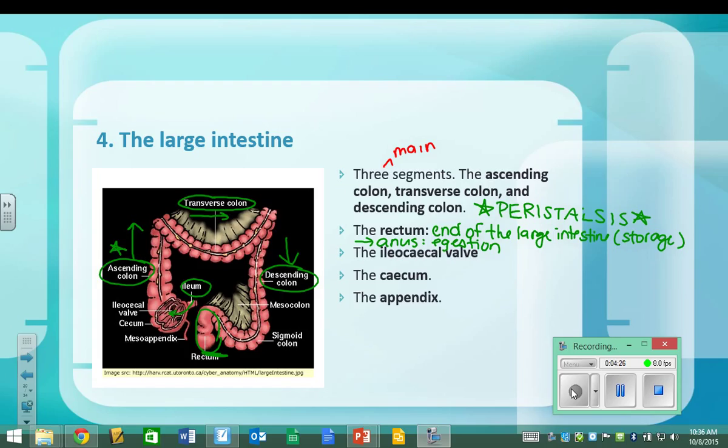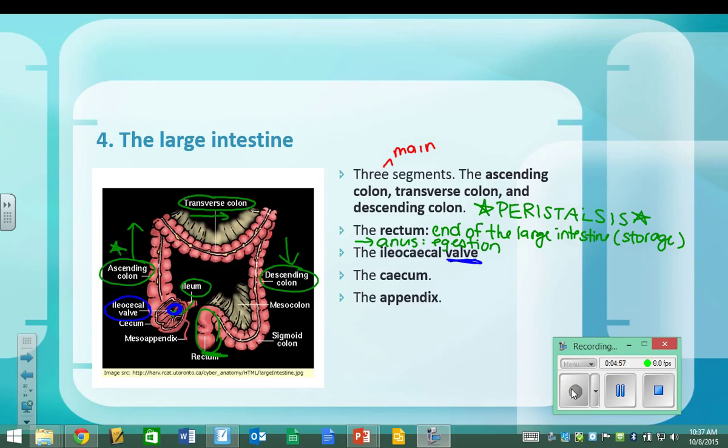The other valve that I'd like to mention is the ileocecal valve. You'll see right here where it is. It's right between the ileum and the beginning of the large intestine. So every time we have a new structure starting, very typically there is a valve that controls whether or not food and food product is going to enter that structure.